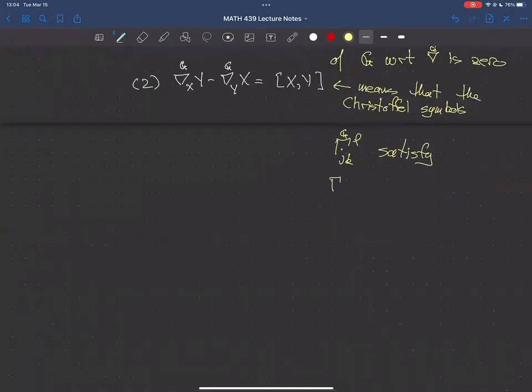So if you write that condition down, that's exactly what it means. I think last time I maybe forgot to tell you what the coordinate formula is for the Lie bracket.